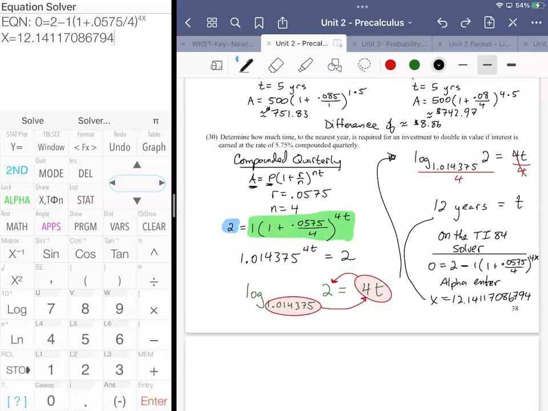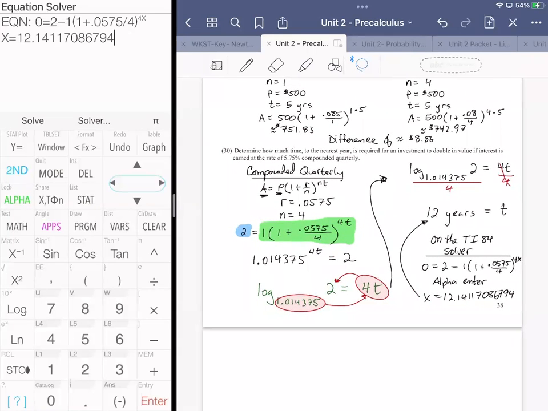I don't know why I changed it. Calculator's way of telling us about 12 years. So I'll stop.